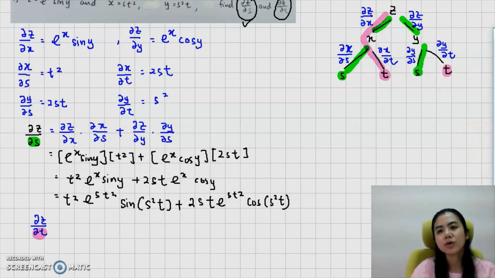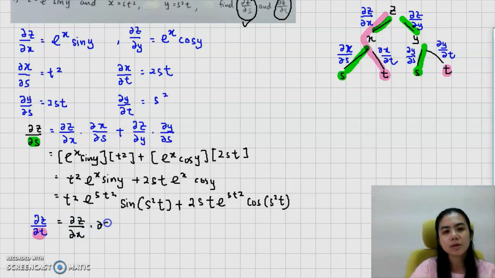So you will have the first branch, that is ∂z/∂x multiplied with ∂x/∂t, plus another branch, that is this one, ∂z/∂y times ∂y/∂t. Sorry, it's not plus, it is actually multiply. Okay, done. We don't need it anymore.